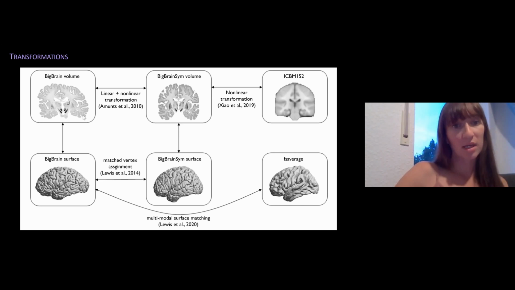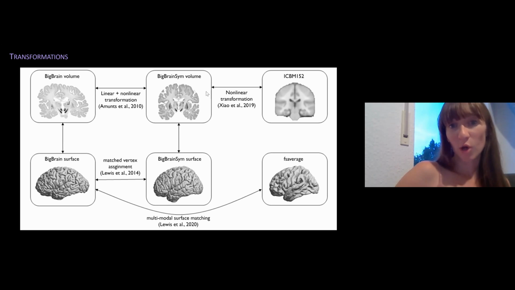And really the aim of BigBrain Warp was to pull together a lot of the previously established types of transformations in the field and amongst BigBrain researchers. So this transformation from BigBrain to BigBrain Sim was done by Claude Lepage, at the very start of BigBrain.